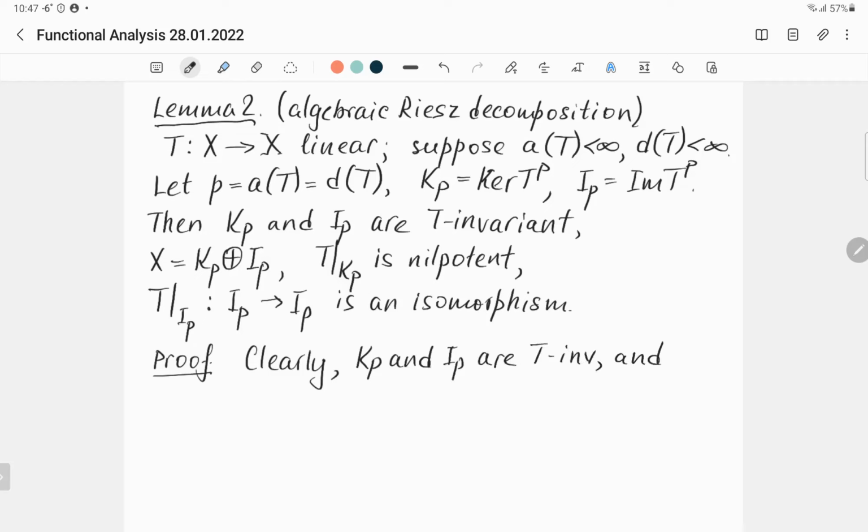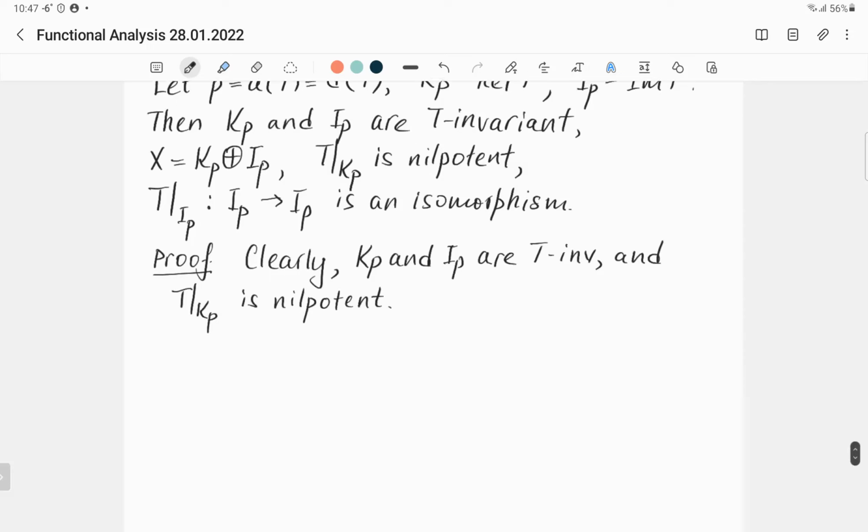And it's also clear that the restriction of T to Kp is nilpotent, just because Kp is the kernel of T to the power P. So let's now show that X is the direct sum of Kp and Ip.